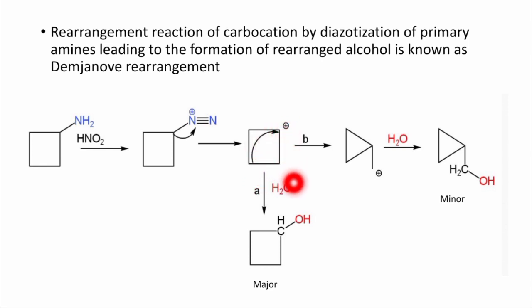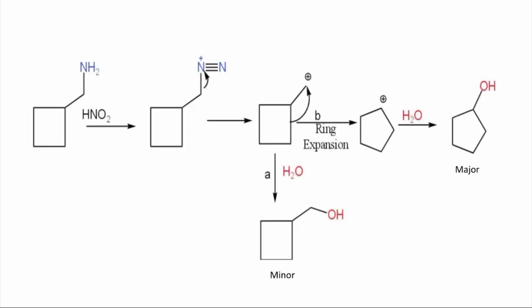Ring contraction means what? It will reduce the size of the ring. Okay, ring contraction will take place in case of a carbocation on the ring, and ring expansion will take place when the carbocation is outside the ring. Okay, so depending upon stability we get major and minor products.